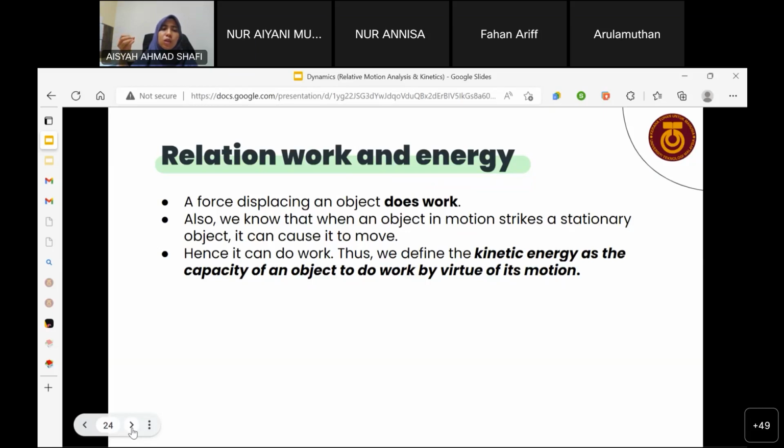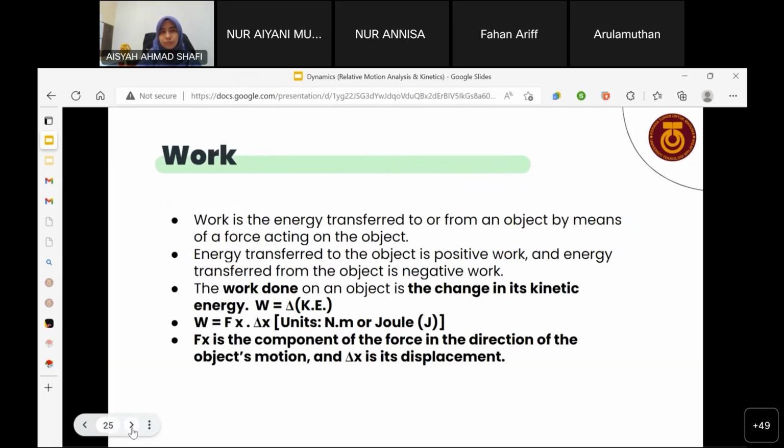That means work happens there, and it is because it has kinetic energy. This means in the system it has kinetic energy, which means the motion. The process of the motion is work.